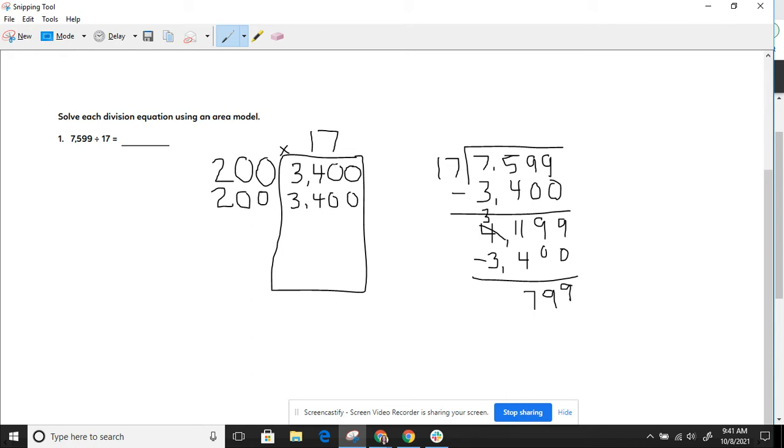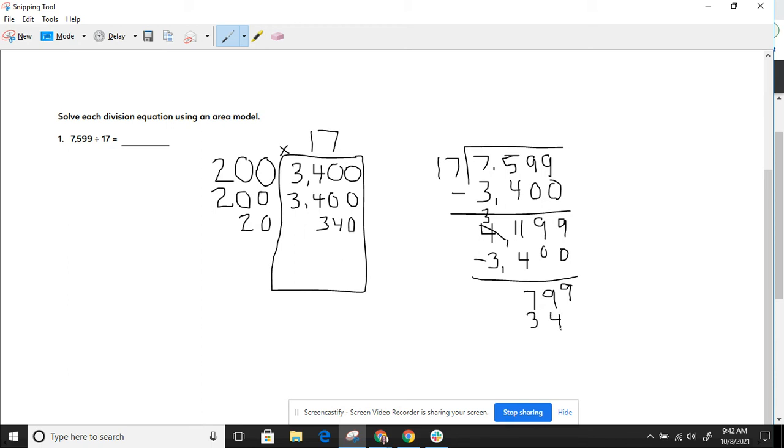I know that 17 times 2 is 34, and 17 times 20 was 340. I can use that factor. 17 times 20 is 340, and that's pretty close to 799. So let's use that.